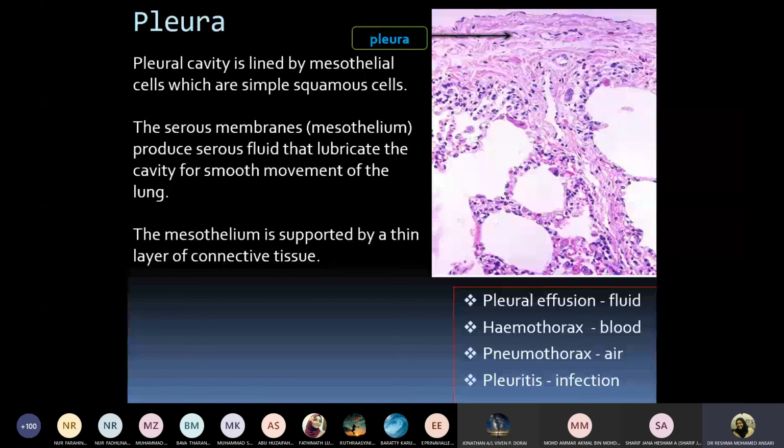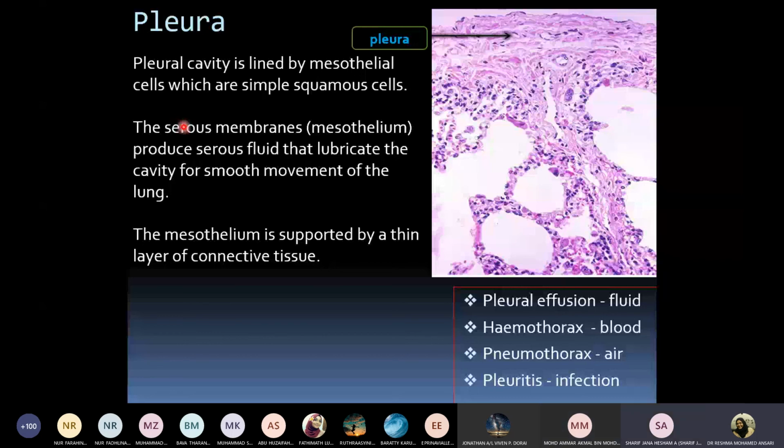The pleura is lined by mesothelium. They will produce a lot of pleural fluid. Why do you need pleural fluid? Why do you have pericardial fluid?